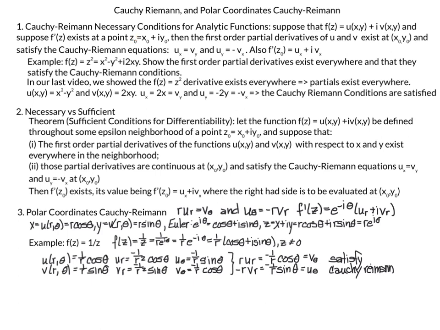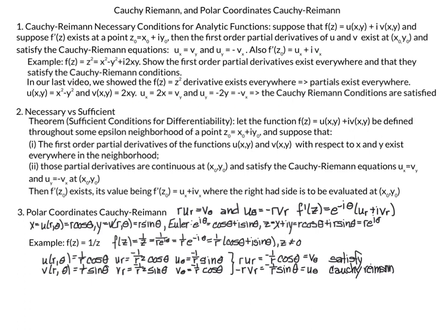Then we conclude two things: first, the first order partial derivatives of u and v exist, and second, the partial derivatives satisfy the Cauchy Riemann equations here. Finally, we have a formula to find the derivative of f at z, which is partial of u with respect to x plus i partial of v with respect to x.